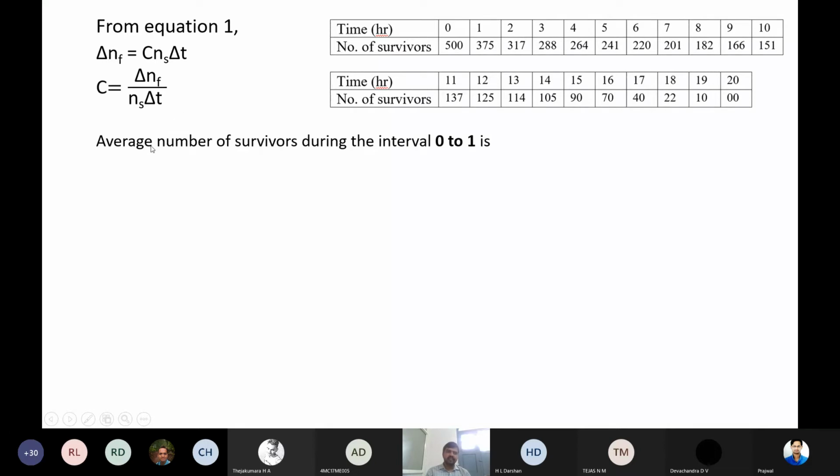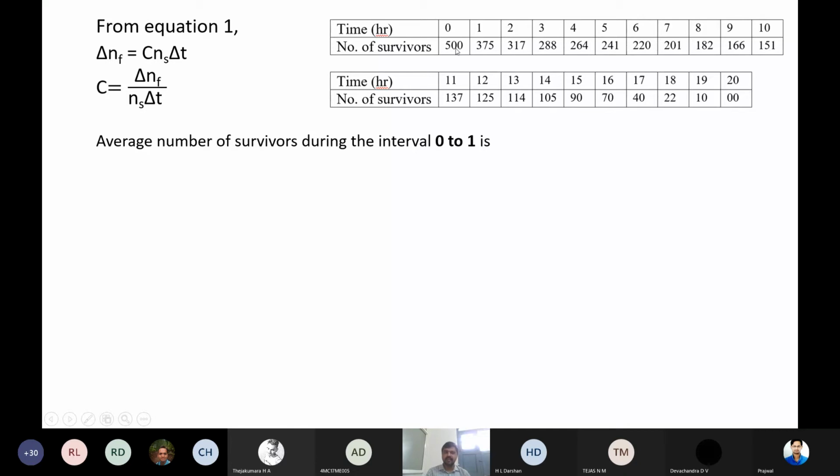Next, you have to find the average number of survivors during the interval 0 to 1.